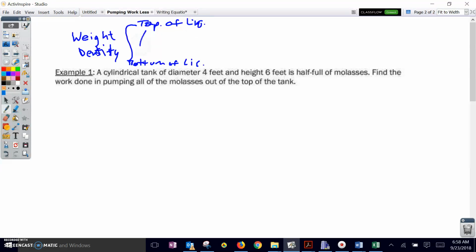And we've got the distance a typical slab must be pumped, times the volume of the slab.